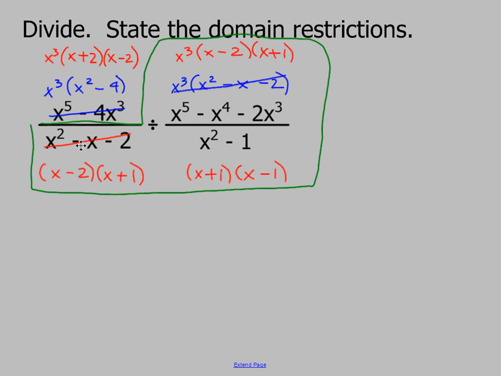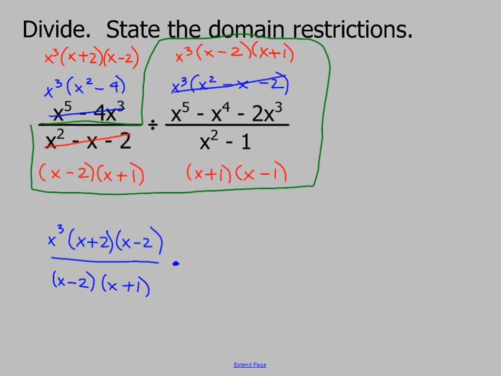So I'm going to leave the first fraction alone, but leave it simplified. So I have x to the third and then x plus 2 and x minus 2. The denominator of that, the simplified factored one, is x minus 2 times x plus 1. Now instead of division, I'm turning it into multiplication, and now the denominator of this problem is going to become the numerator.